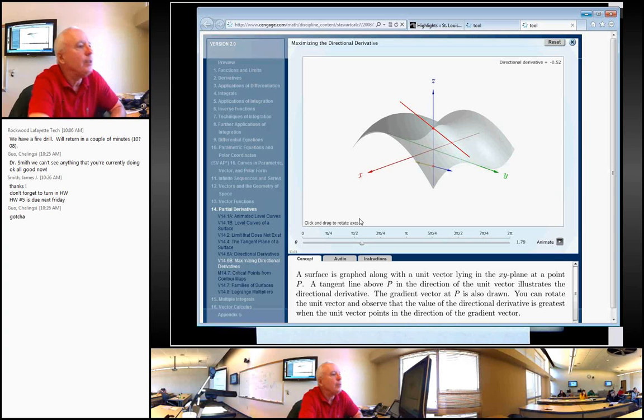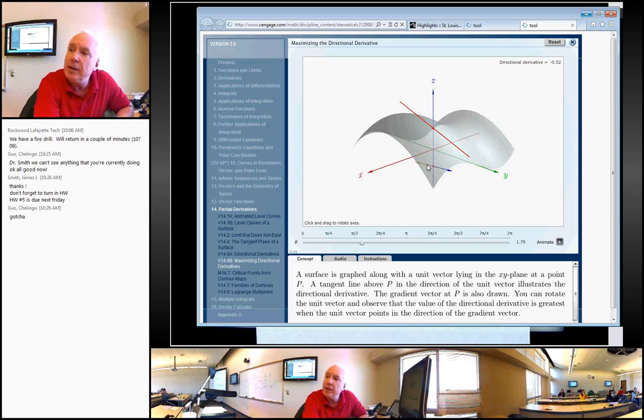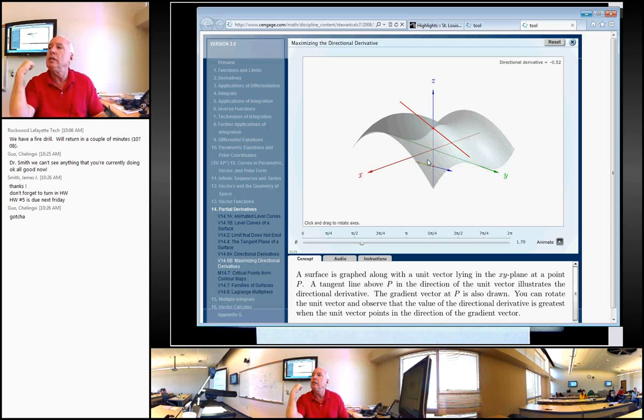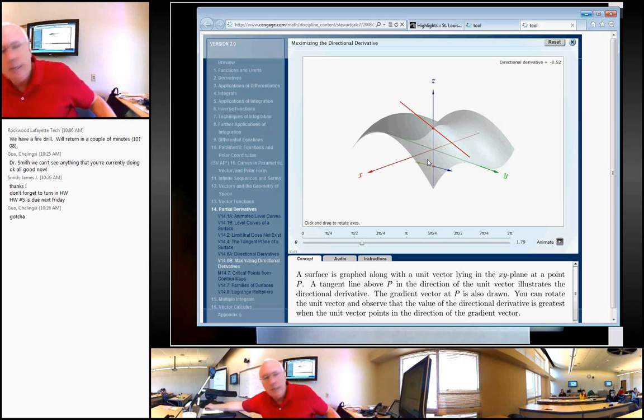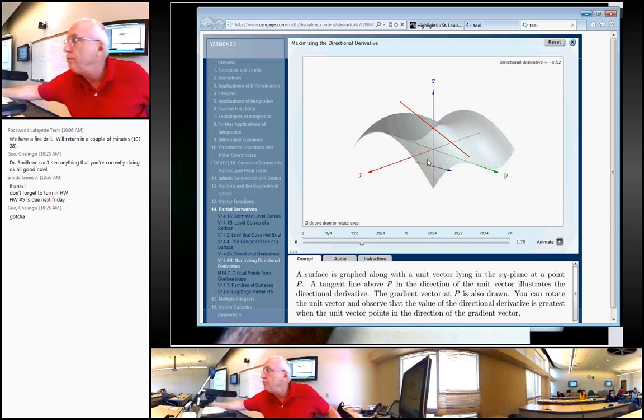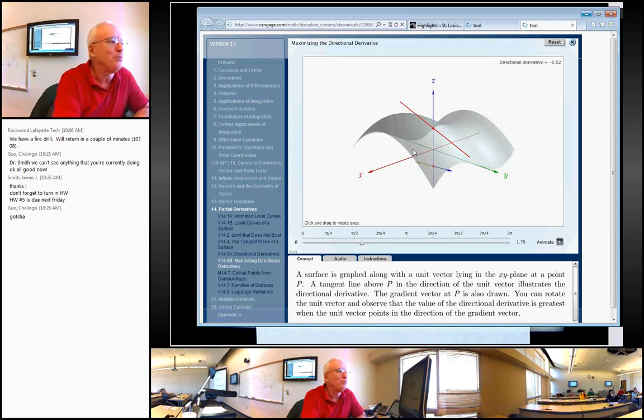Okay, right here. Actually here, we're doing the directional derivative in the very opposite direction of the gradient. We're pointing 180 degrees opposite it. And let's note the value that we have here. Here we have that the change in our function in that direction is minus 0.52. Oh, you guys can't see what I just wrote. Minus 0.52.